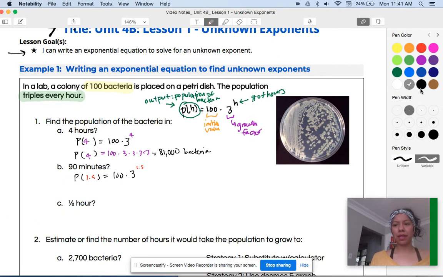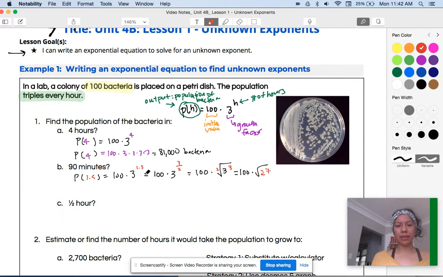Now, remember that we talked about rational exponents in our previous lessons. So here we can write 1.5 as 3 over 2, which is equivalent to 100 times the square root of 3 to the 3rd power. Another way to rewrite this is to use all the previous knowledge that we've talked about.